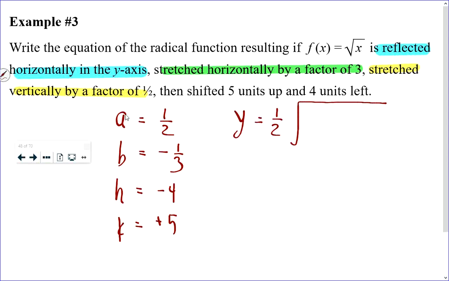This goes back way back to the first lesson where we talked about function notation. If f of x was sine x, then I would write sine and put a set of brackets. B, bracket x minus h. Well, if I subtract -4, that's the same as adding 4, plus k, and we're done.